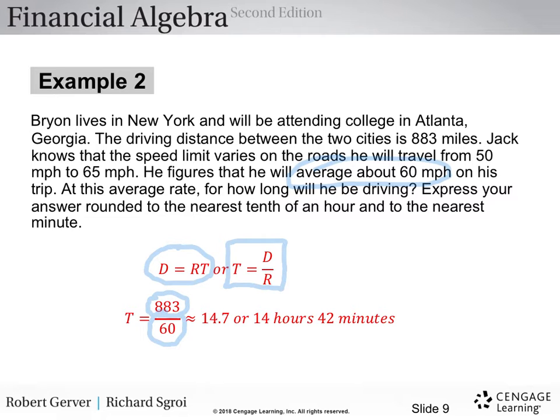So if we divide these two, we come out with 14.7 hours. Now, 7/10 of an hour, remember there's 60 minutes in an hour, so if you take 7/10 times 60 minutes, we come out with he will be traveling for approximately 14 hours and 42 minutes.